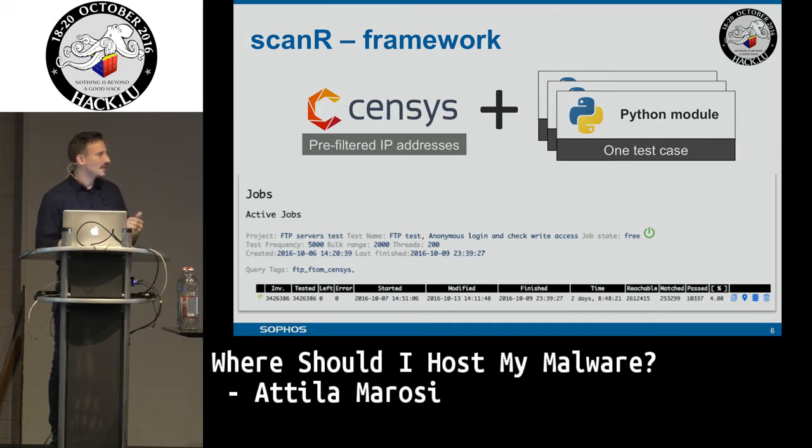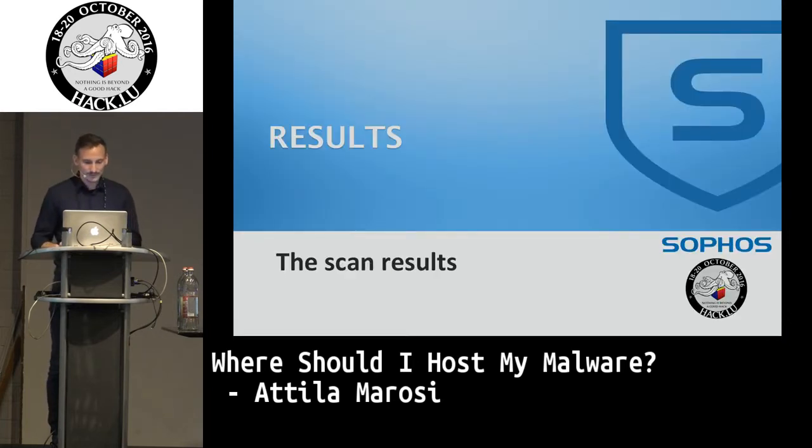So you can put it on the map or feed other services with the results, or maybe feed another test, so you can link the tests with each other. In this screen, as you can see, there were more than 3 million IP addresses, and finally, in this test case, there were 10K IP addresses which passed the test.